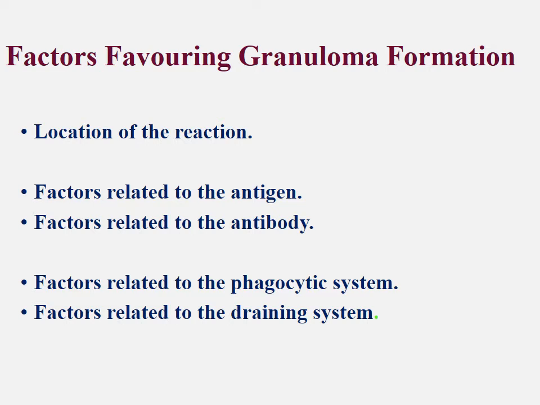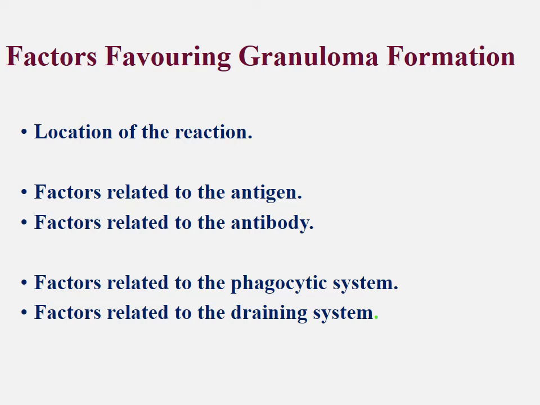When the antibody is in abundance relative to the antigen, then the balance of the immune complex is disrupted. The macrophages cannot remove all this. Then the body again surrounds it with inflammatory cells. When the phagocytic system is weak, not able to remove all the reactants, then a granuloma occurs.